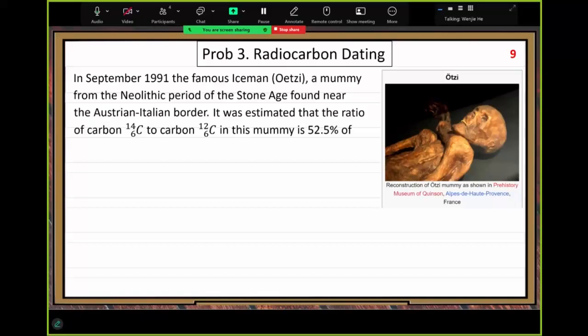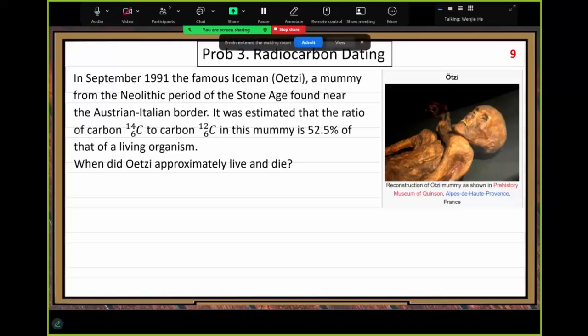So you only need to measure the ratio of these two substances. At that time, let's assume in 1991, people measured and found the ratio equals 52.5%.